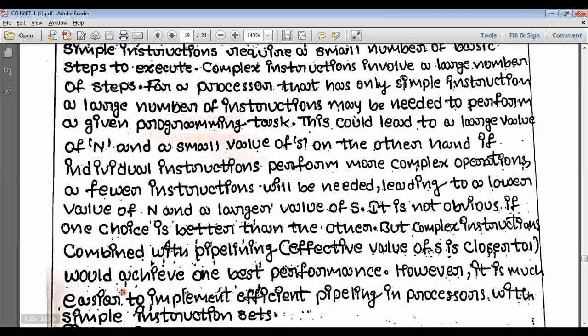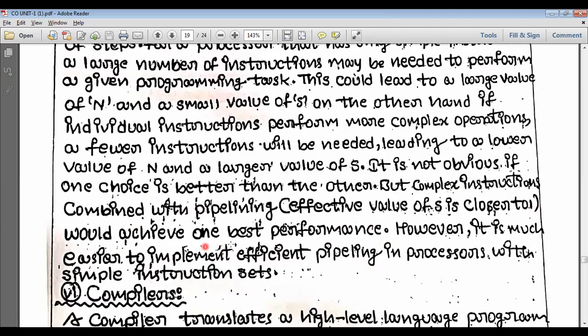However, it is much easier to implement efficient pipelining in processors with simple instruction sets. So this instruction set, CISC and RISC, also varies the performance.